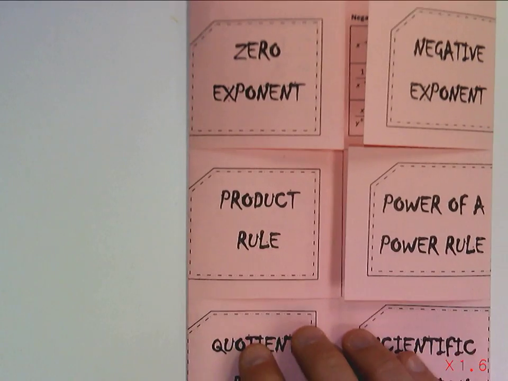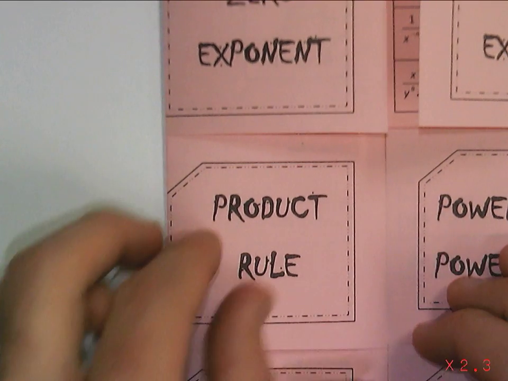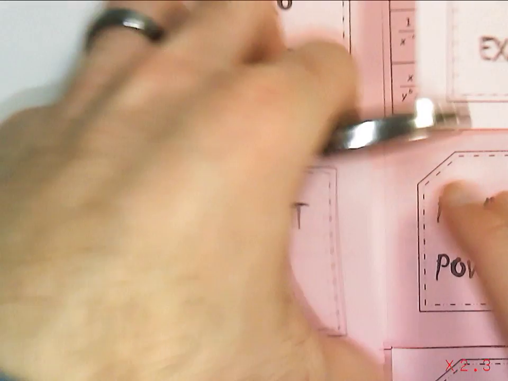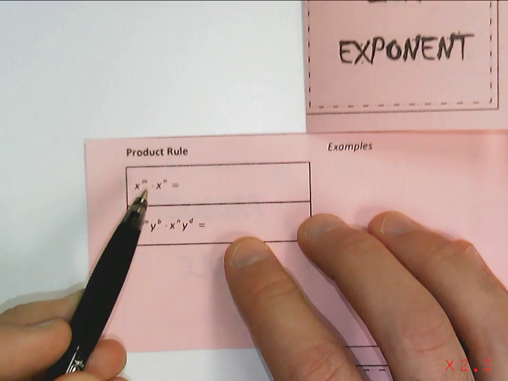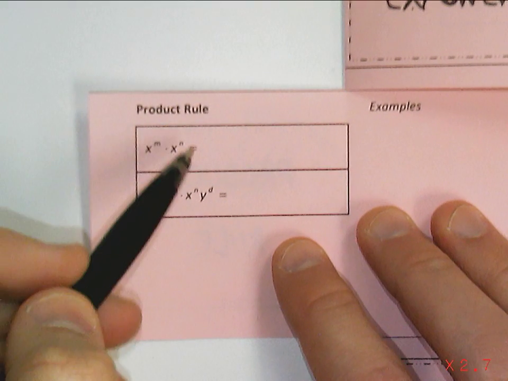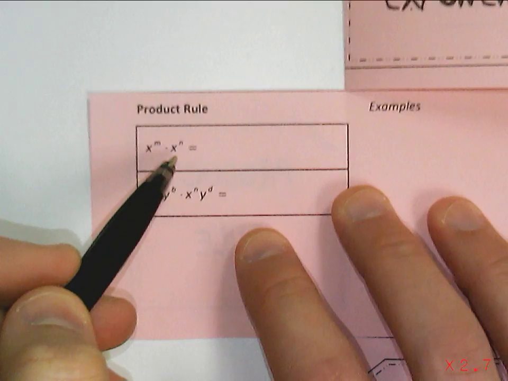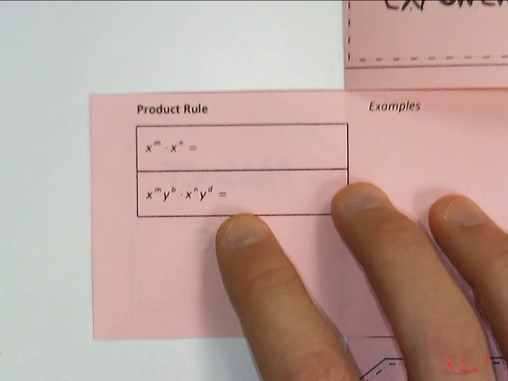So let's move to the next part and get our general rule down before we try examples. We'll be looking at the product rule. What that says is, when you have x to the m times x to the n, so same bases but different powers, you're going to add those.